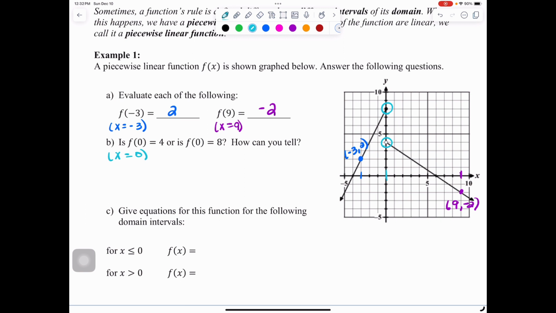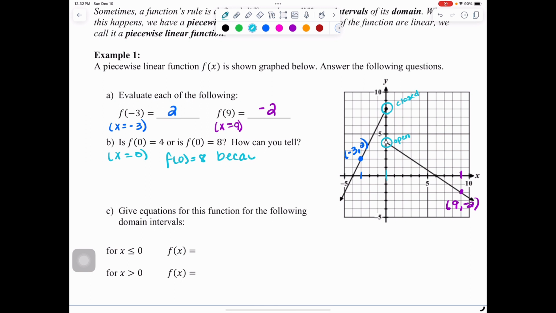At f of 0, I see 4, but it is an open circle. So remember what that means. It doesn't count. Then the other one, I see a closed circle. So that's the one that counts. And so then the answer to this question is f of 0 equals 8.